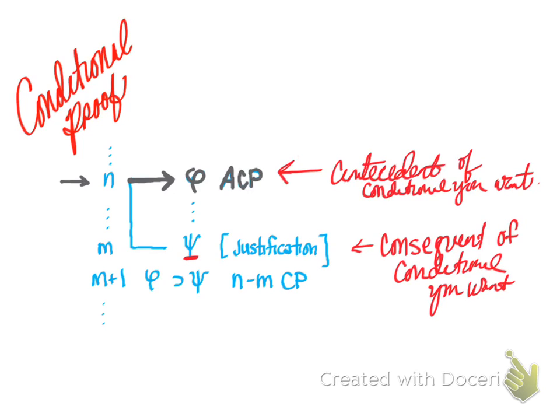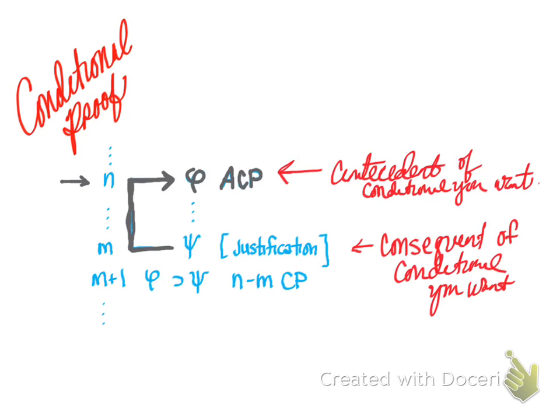So once you've derived the thing you want to be the consequent, you close your subproof. And then, immediately after you've closed the subproof, the next line has to be the conditional whose antecedent is the ACP and whose consequent is the last line of that subproof.